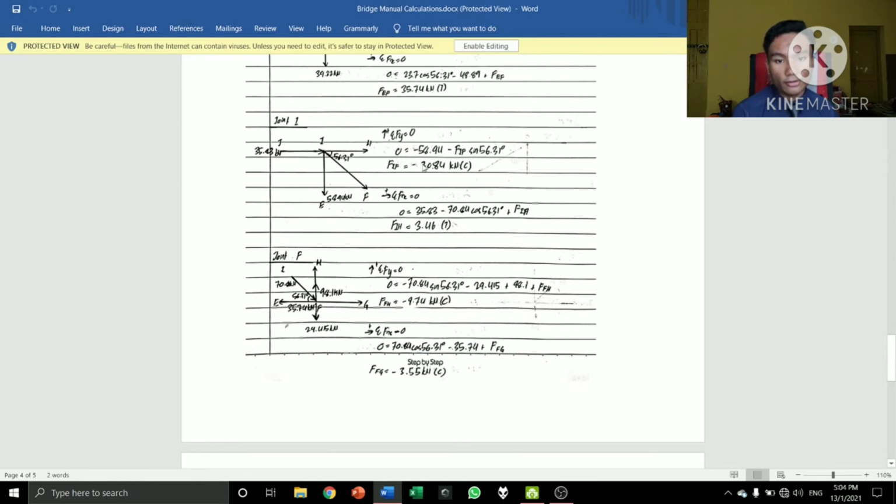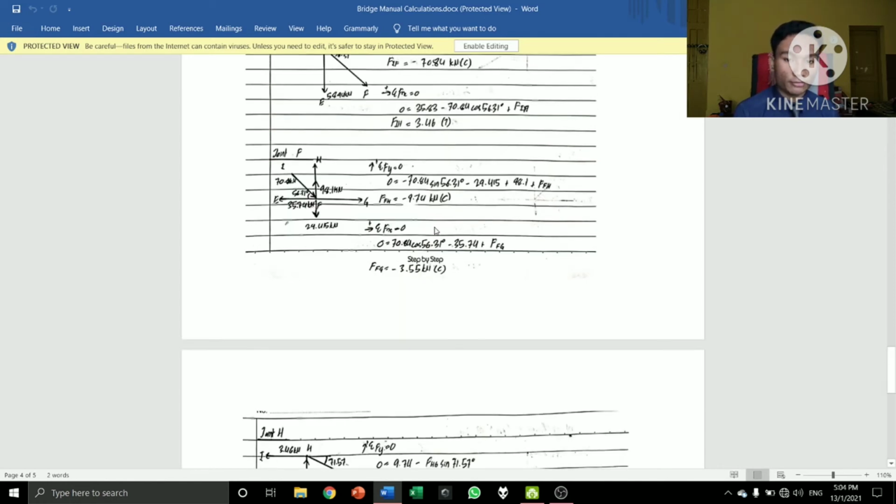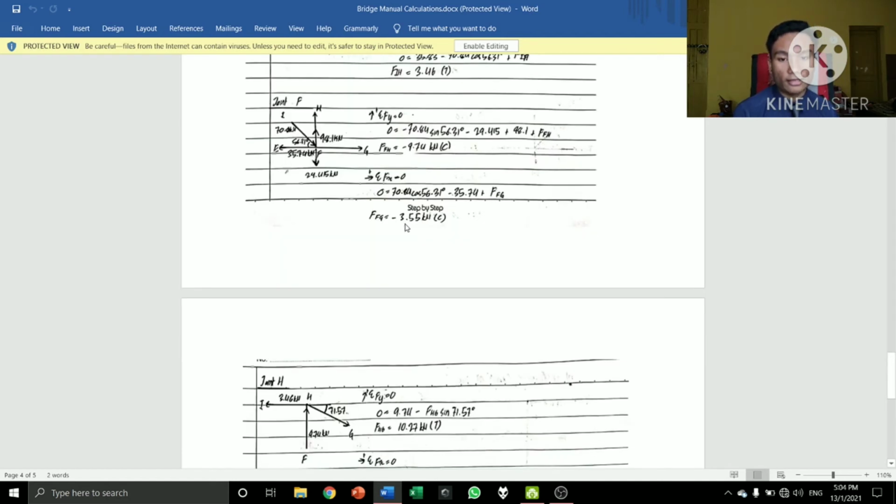At joint I, we find FIF, which is negative 70.84 kilonewtons in compression, and also FIH, which equals 3.46 kilonewtons in tension. For joint F, we find a member FH, which equals negative 9.74 kilonewtons in compression, and FFG, which equals negative 3.55 kilonewtons in compression.